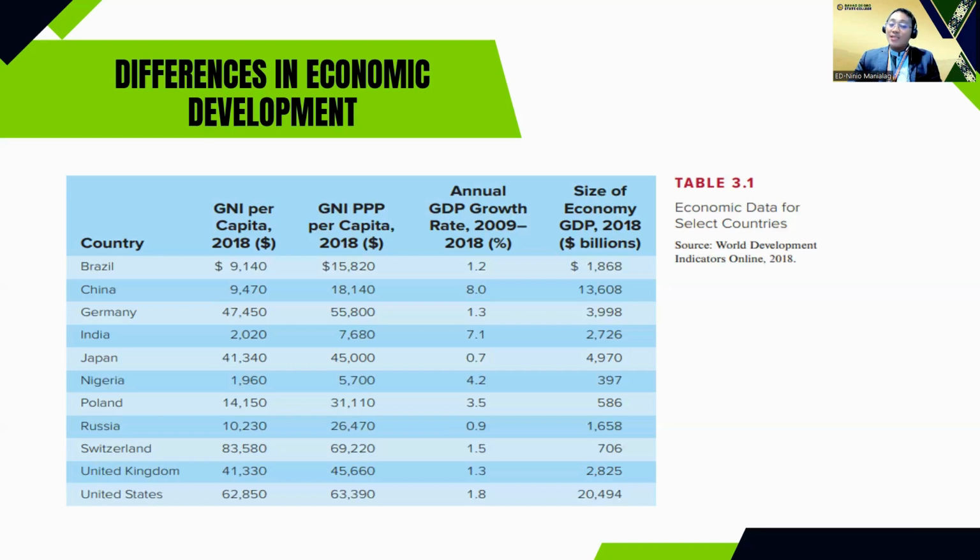The United States finally has the highest GNI per capita on the list, which is 62,850, almost equal to its PPP of $63,390. The annual GDP growth rate is 1.8% with the largest economy size of 20.494 trillion.